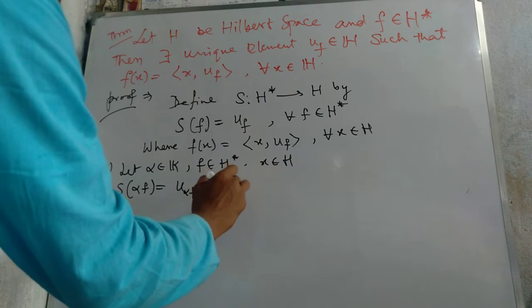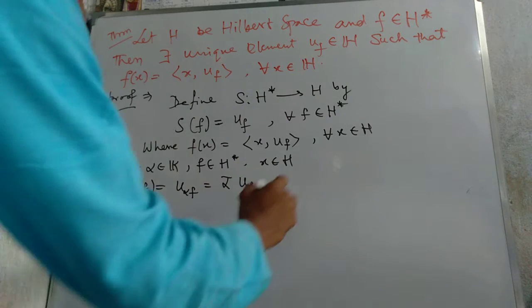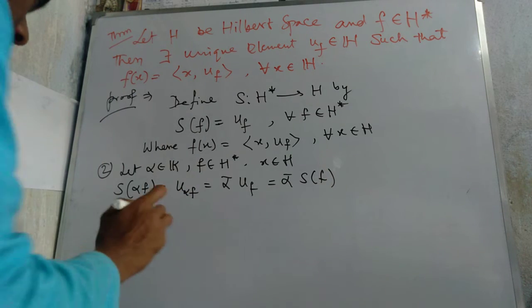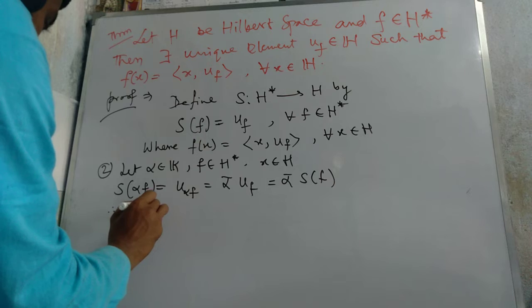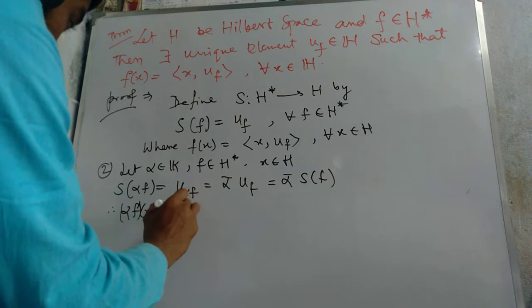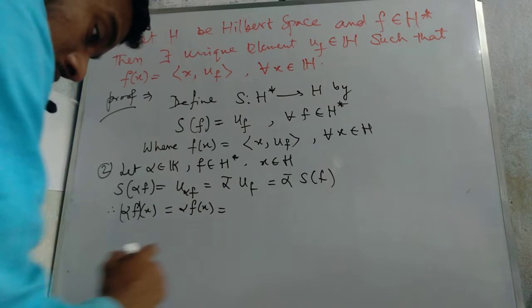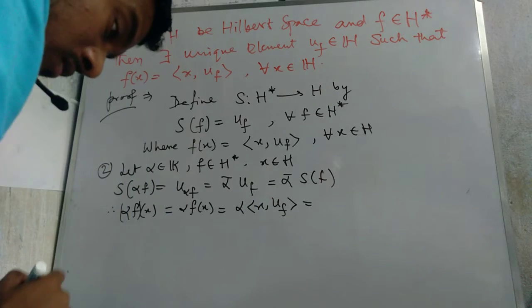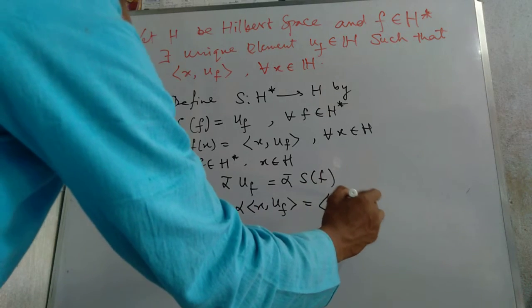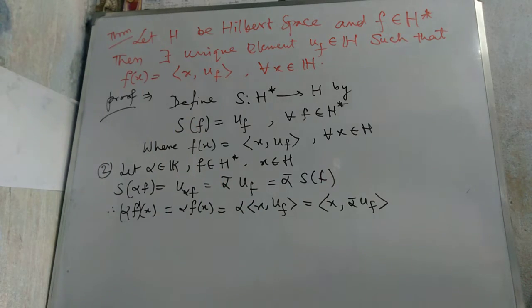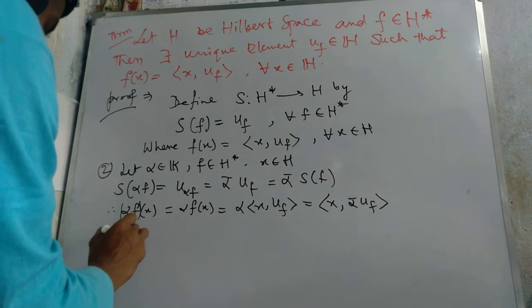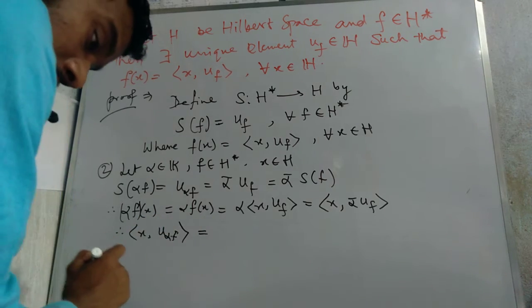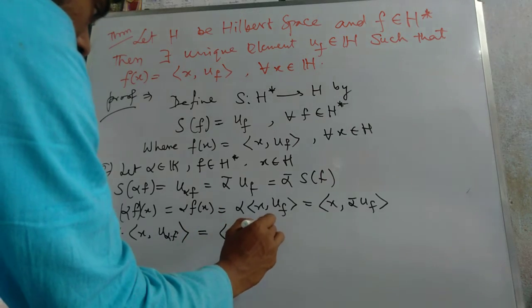Now (alpha f)(x) equals alpha f(x), which equals alpha (x, u_f), which equals (x, alpha closure u_f). Also (x, u of alpha f) equals (x, alpha closure u_f).